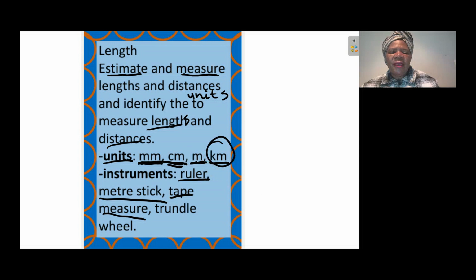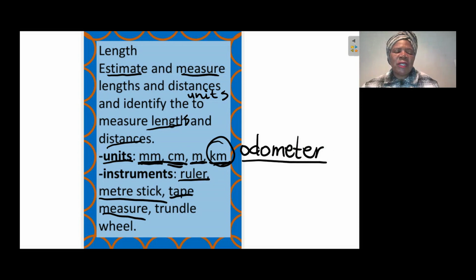For the long distances, normally we see this in the vehicles that we use. They have got the odometer, and we can use the odometer to measure the distances between towns in kilometers, because the towns will be a bit far away.